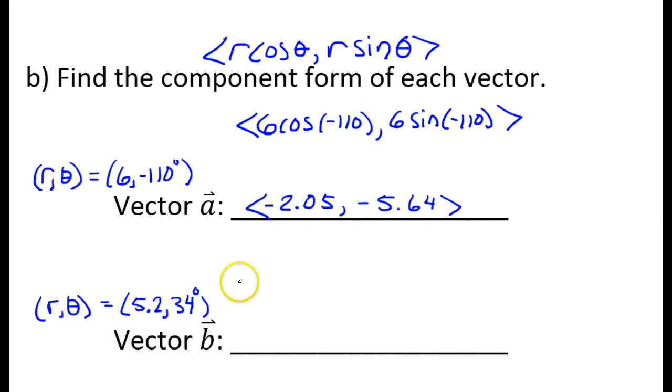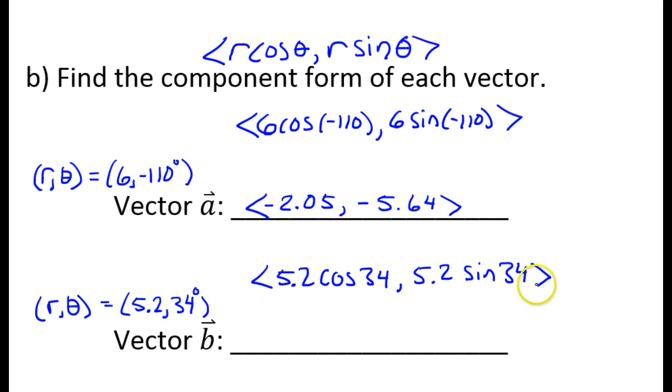So for vector B, we'll do the same thing, r cosine theta, r sine theta. So that's going to be 5.2 cosine 34 and 5.2 sine 34. Calculator. I got 4.31, comma 2.91.